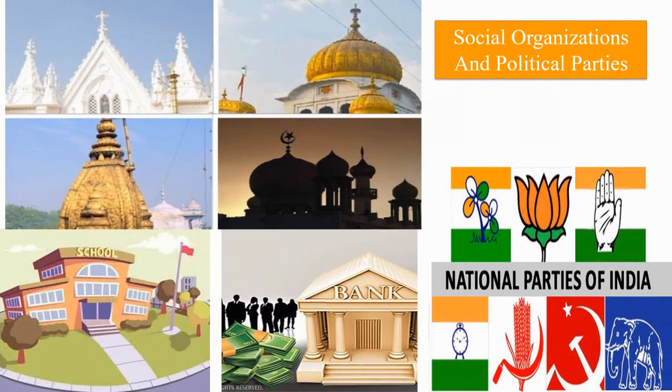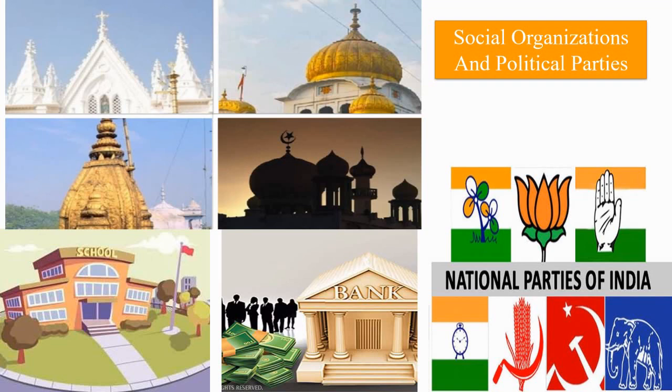In your school and the surroundings, you must have seen some groups, institutions, organizations working to achieve some objective. Some organizations take initiative in resolving social problems. There are different social organizations in our country.